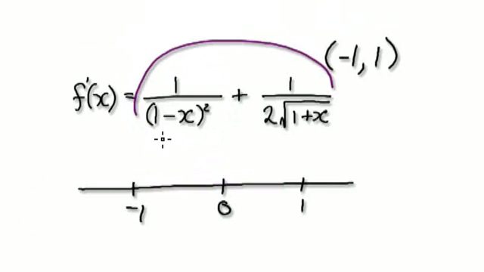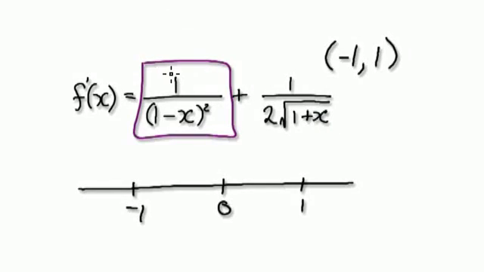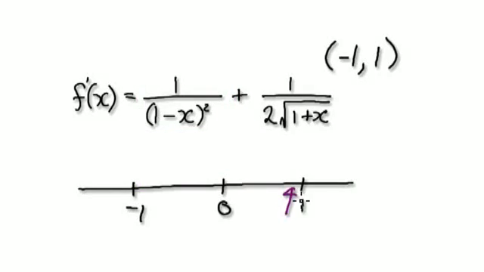No matter where x is, the whole thing here will be positive, because let's look at this individually. So no matter where you put x, let's just choose x to be, let's say around here then.